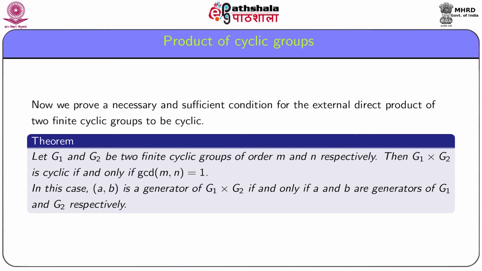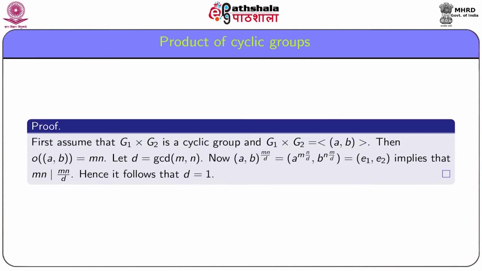So, let us prove the first part. First, we assume that the Cartesian product G1 cross G2 is a cyclic group and it is generated by the pair (a, b). So, the order of the pair (a, b) is equal to the order of the group G1 cross G2, that is, equal to mn.